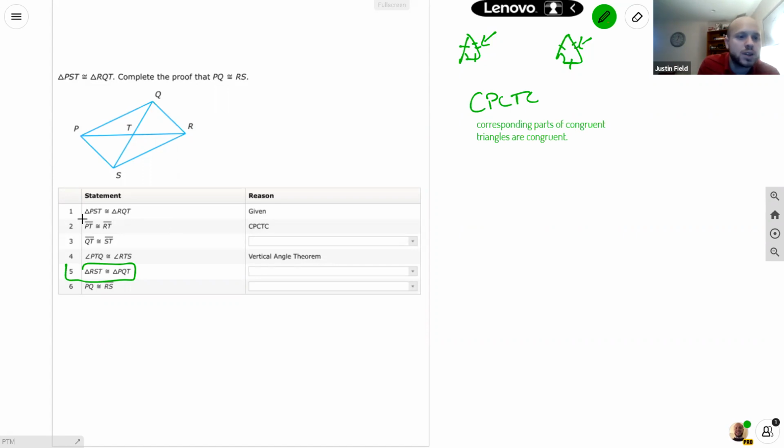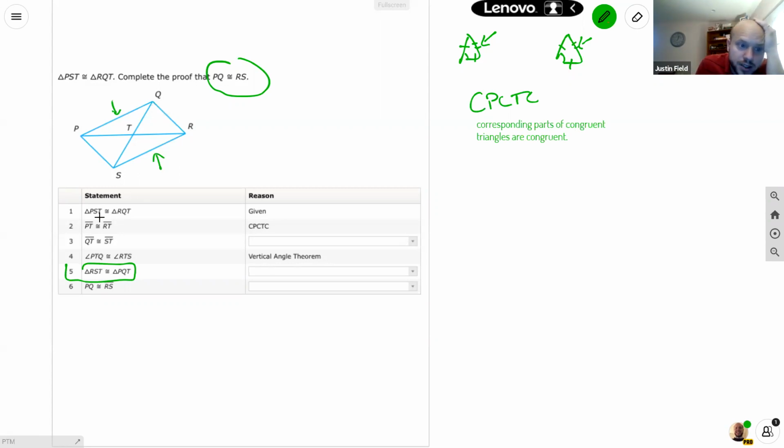All right. So this is an odd one because we're starting with triangles being congruent, which is where we're supposed to end. But anyway, we're trying to prove that PQ is congruent to RS. PQ is here, RS is here. Looks like a parallelogram.